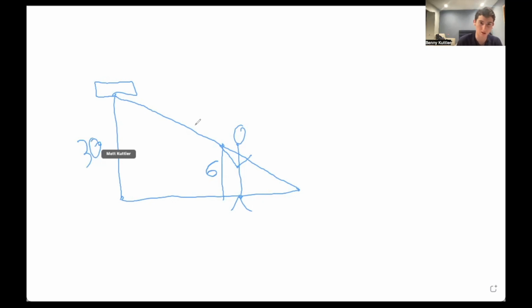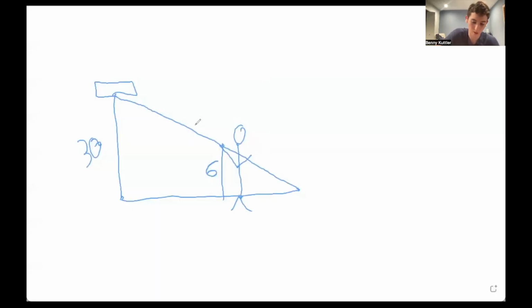And we're looking for 6-foot tall man at a rate of 2 feet per second. And we're looking for when he's 5 feet from the light. So let's call this distance x and this distance y.